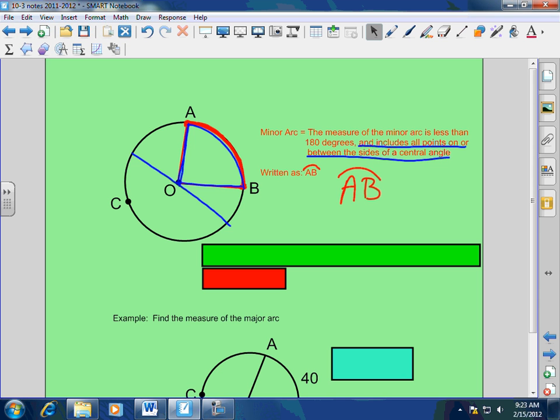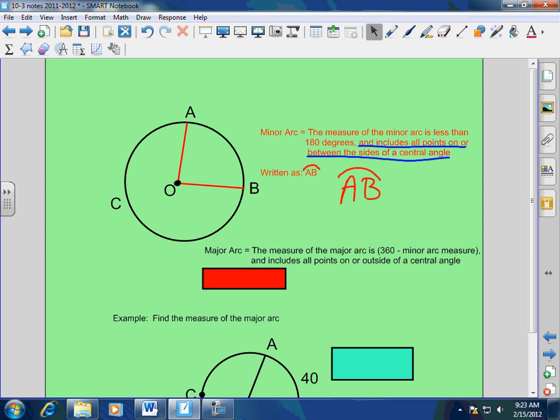Now, let's get rid of all of this for a second. All right. We have our center here still. Okay. Now, the major arc. The major arc is different. The measure of the major arc is 360 degrees minus the minor arc.